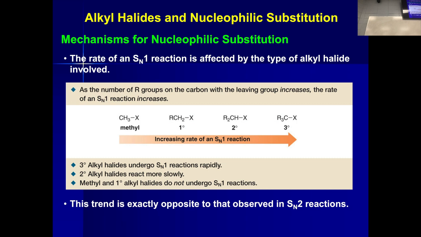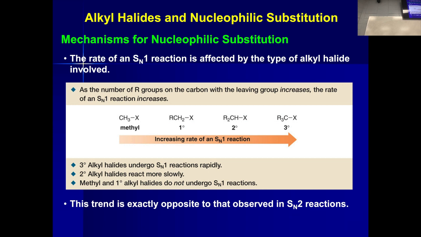And the methyl halides don't do SN1 chemistry. These things like to do SN2 chemistry. So methyl halides and primary alkyl halides do SN2. Secondary and tertiary like to do SN1. Okay? Secondary is a little more complicated than that, but anyway.